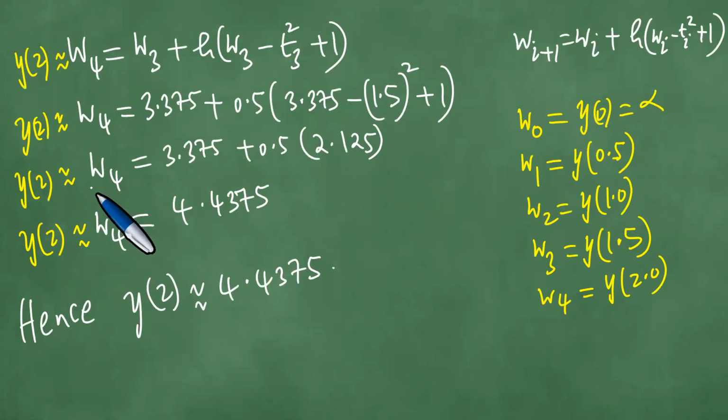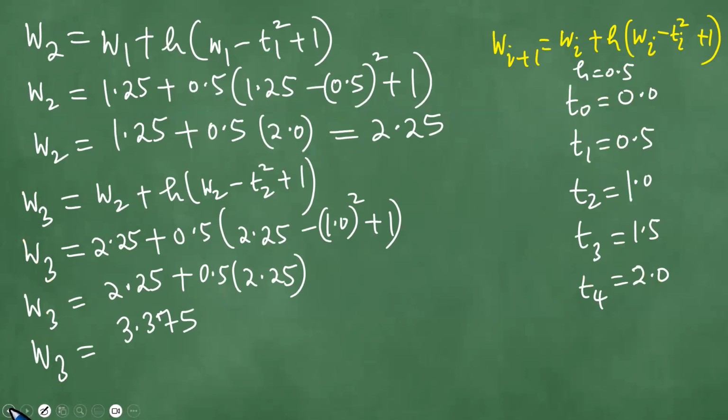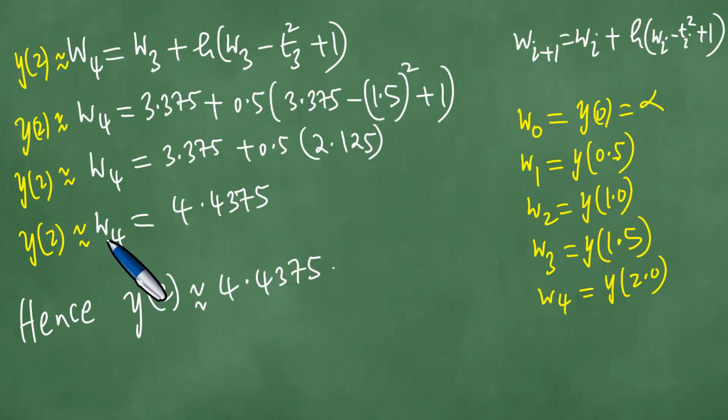Right, for example, we got a couple of the W's here, and each one of these W's was obtained at a given time. W3 was obtained at 1.5, and we saw that W4 was obtained at 2.0.